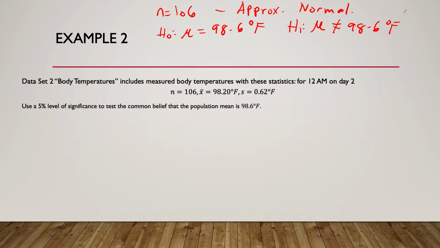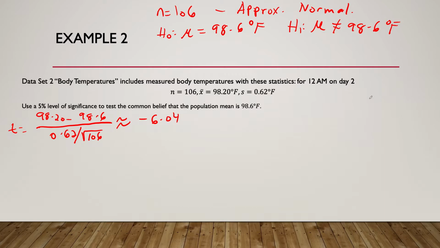We could calculate the t-statistic for this. This would be 98.20 minus 98.6 divided by 0.62 divided by the square root of 106. Tossing that into a calculator, or just using SAS, will give us a t-statistic of negative 6.04.